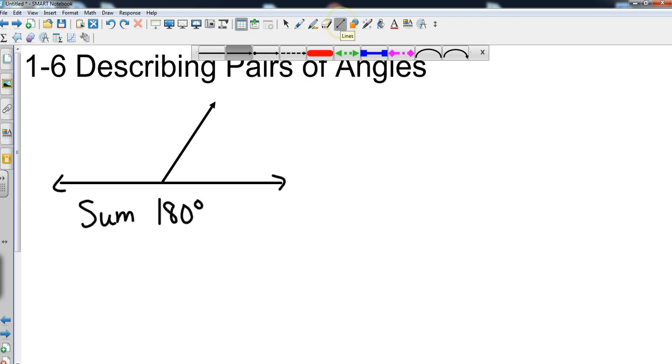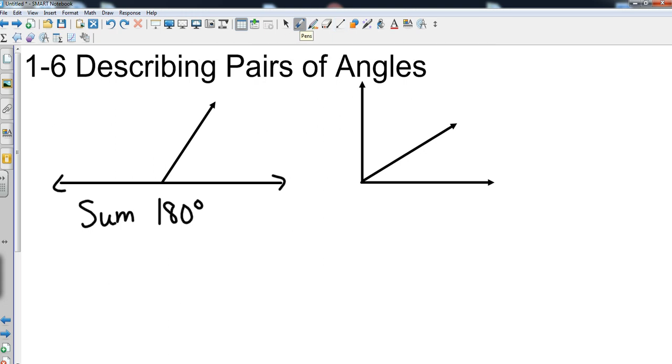Then we have our complementary angles, and our complementary angles have a sum of 90 degrees.